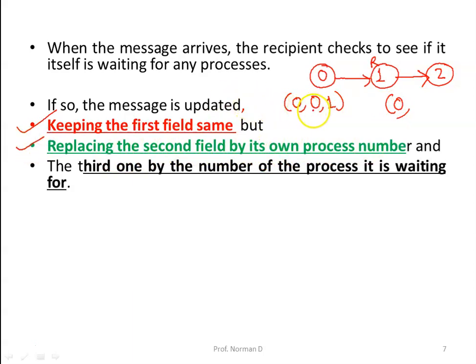So instead of keeping it as 0, we will replace this by 1. And the third parameter is the number of the process it is waiting for. So in this case it is waiting for process 2 to release the resources. So now the probe message would be 0, 1 and 2.